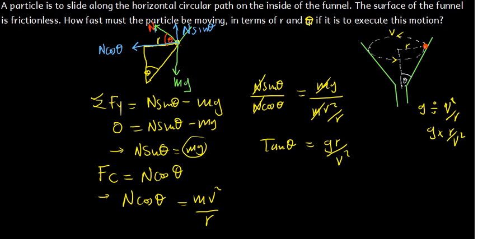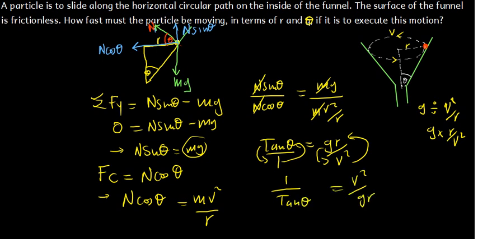To remain with gr over v squared, of course this is over 1. So if I take this one on top, this one comes down, and then this one also comes down, the one goes on top. So this is 1 over tan theta equal to v squared over gr. For me to have v alone, I'm going to multiply this by gr.